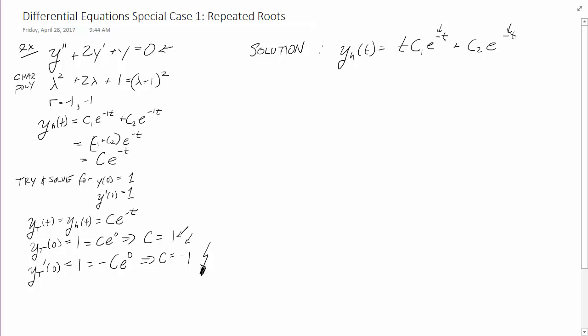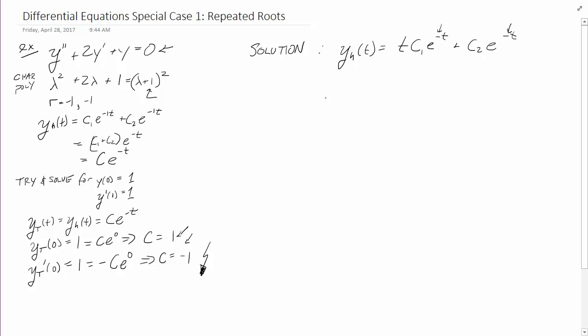They both have to be minus 1 because that was the root that was repeated. But now if I allow for a t times this function, I'm going to have to use the product rule when I start differentiating this. But once I do the product rule, I'll get t times e to the minus t and just e to the minus t's. And those will help me meet both of these conditions.